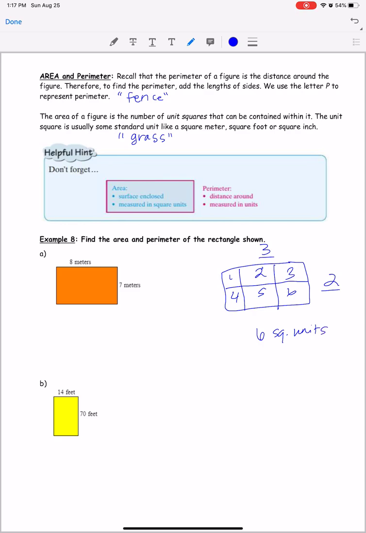It's how many squares you can fit into this rectangle. Another way to do this, and this is a formula you're going to have to memorize, is length times width. If I use that same rectangle, my length is 3, my width is 2, so 3 times 2 is 6. That's what it means by unit squares: how many squares you can fit into a 3 by 2.